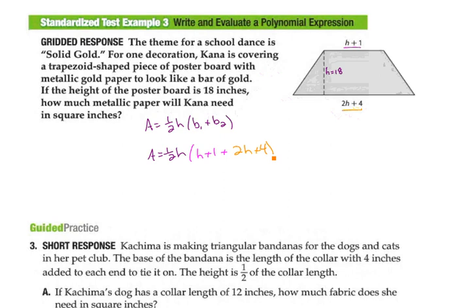So first thing it looks like we have to do, I'm going to keep that 1/2 height to start with, and then I'm going to go ahead and combine like terms here. It looks like I have 3h plus 5. Okay, then I'm going to keep going with that, and it looks like I have to distribute this 1/2 h through.